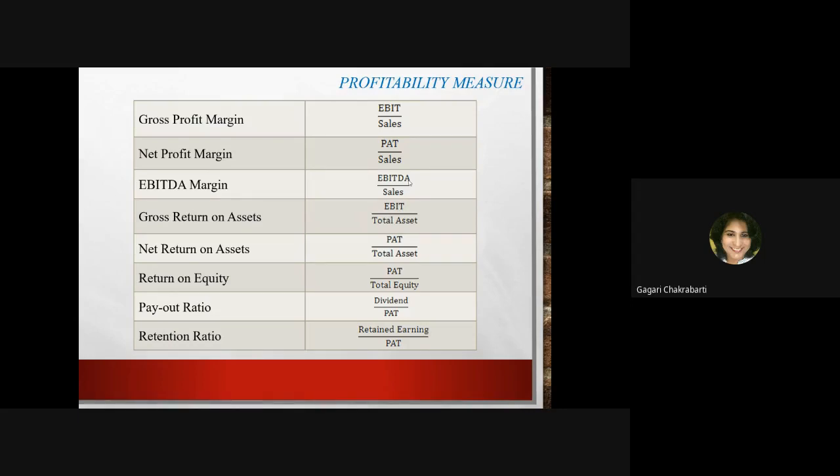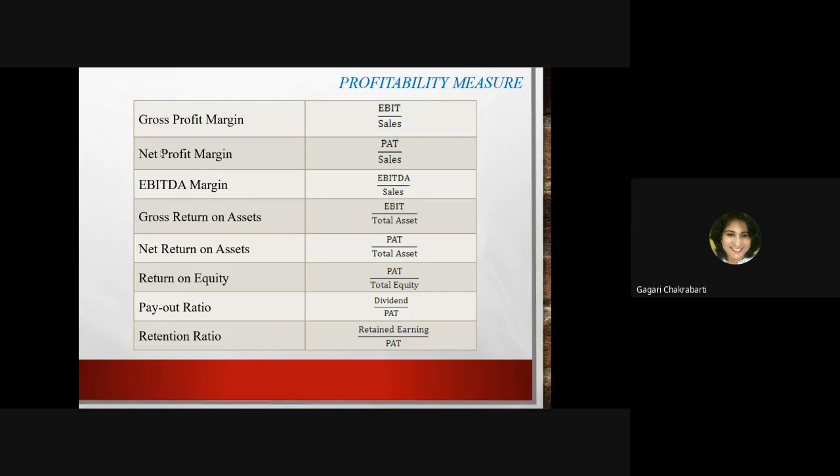Now, the problem is that often this gross profit margin and the net profit margin are widely used in the context of financial analysis, but unfortunately these are not treated as the true measure of profitability. So why is that so?